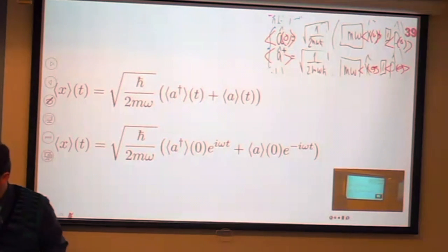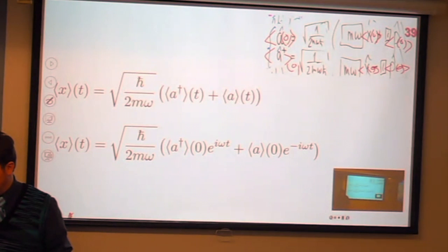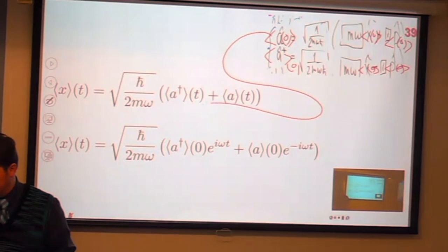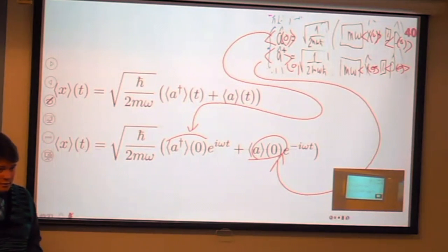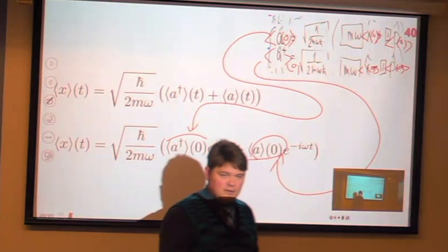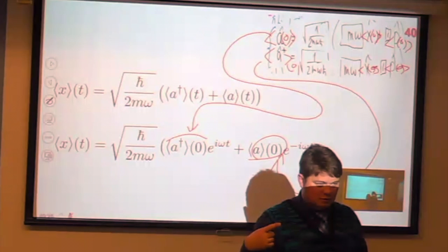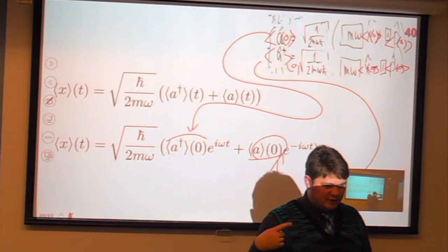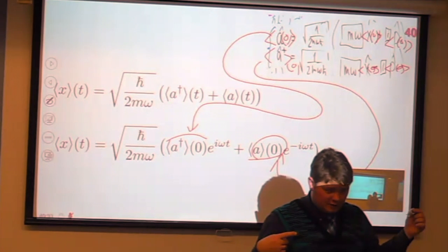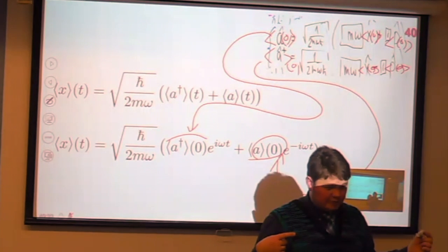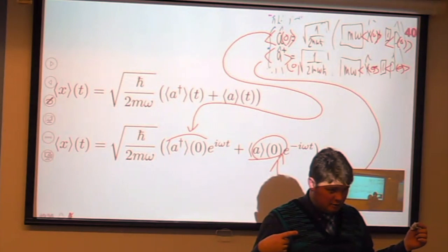Right? So we are plugging this one in here and this one in there. Okay? And then on the input, we have the initial value of position and the initial value of momentum. On the output, we have time-dependent position and time-dependent momentum. Right?